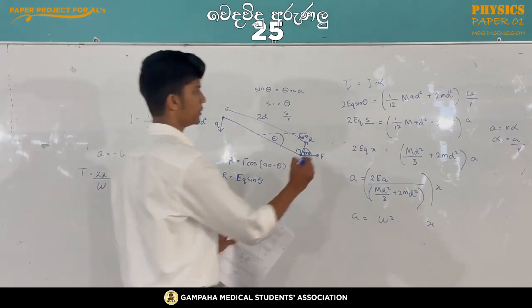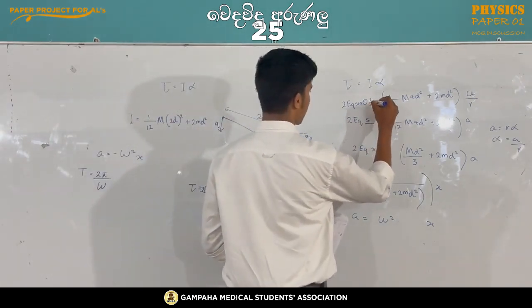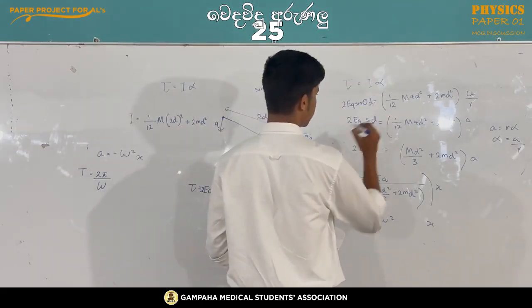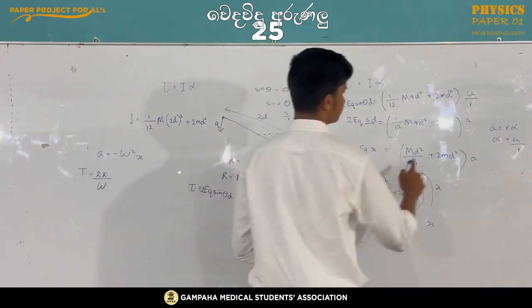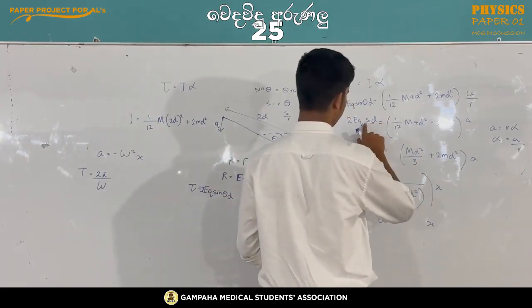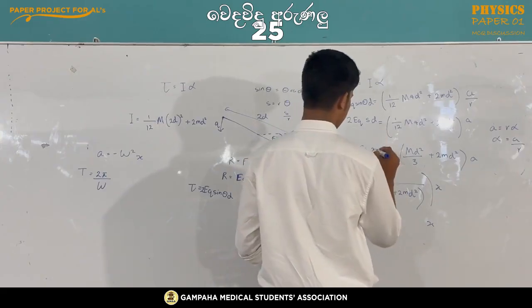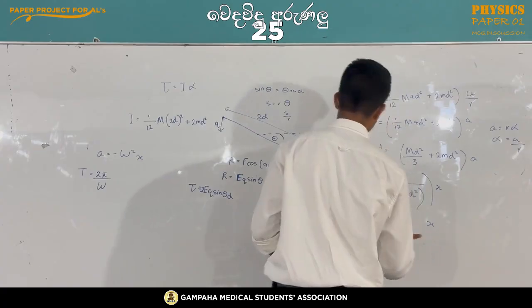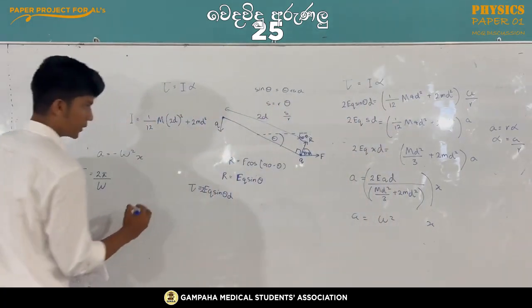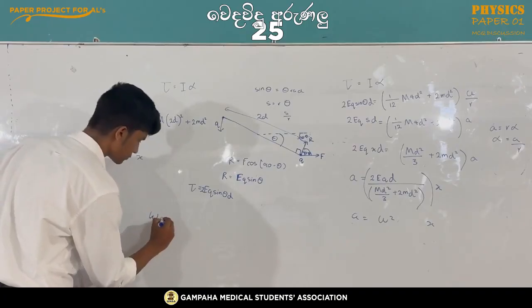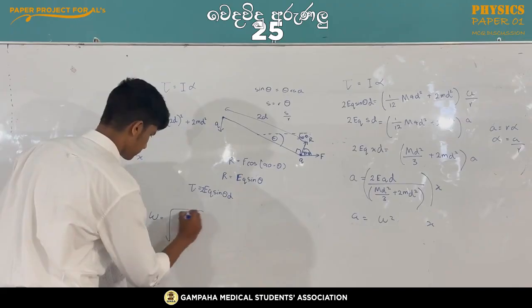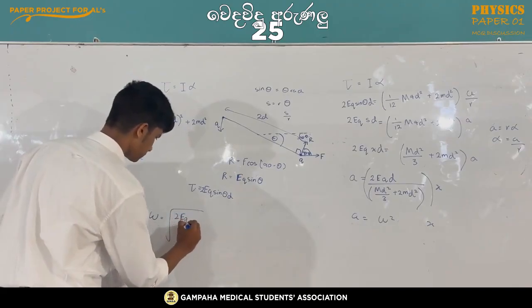Here there should actually be d here for tau. So then d instead of x, and d here as well, and here. Therefore omega is equal to root 2 EQD.